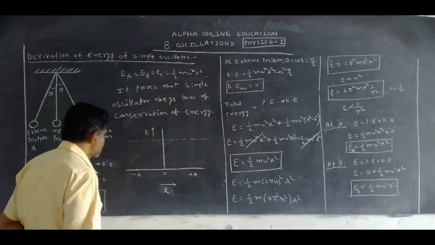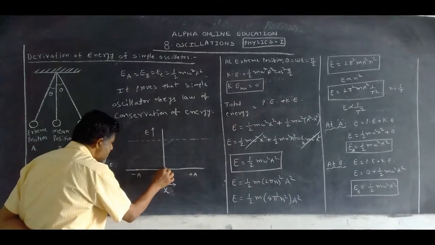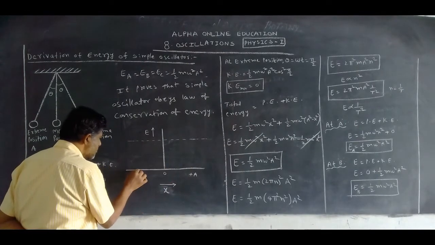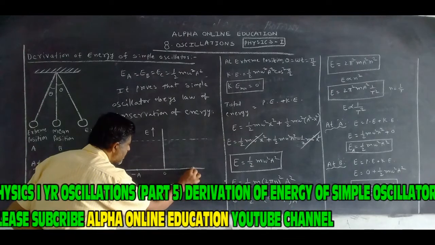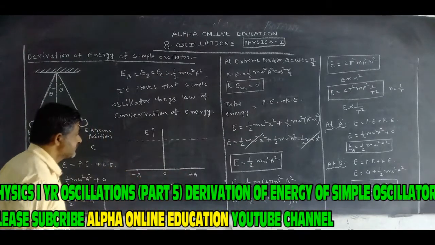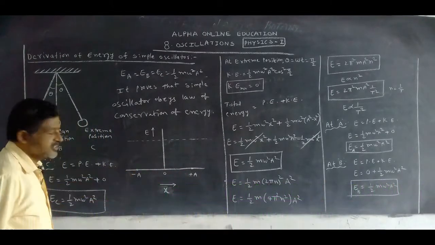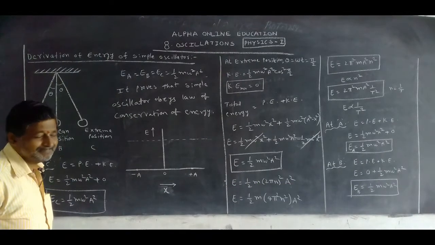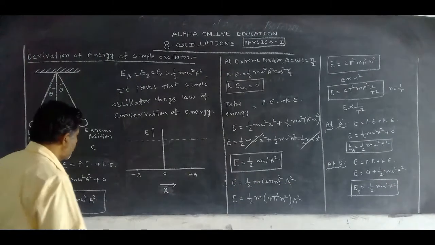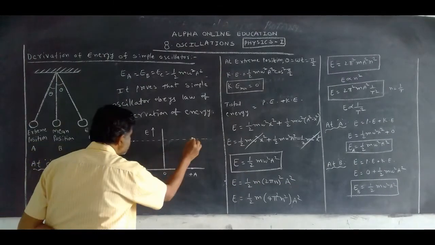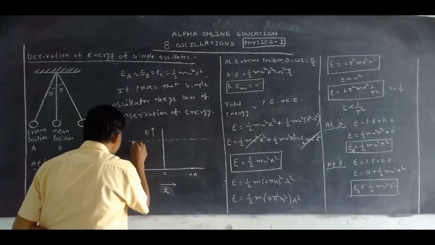This is the mean position, extreme position, and another extreme position. At extreme position, potential energy is maximum. So we get the graph like this.